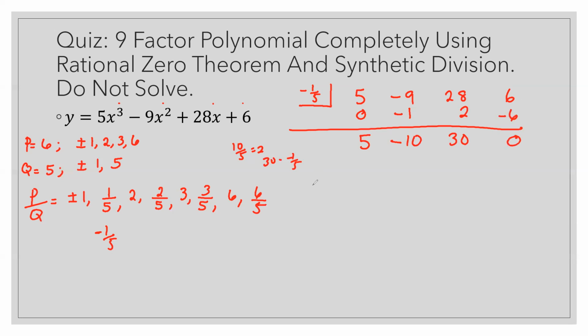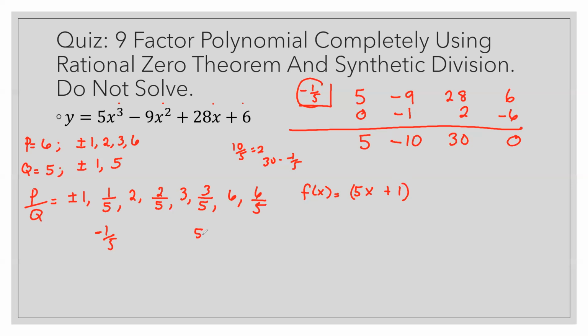So it's true. So we just want to factor it completely. -1/5 is a solution. How do I write that as a factor? I think that could be expressed as 5x plus 1, right?